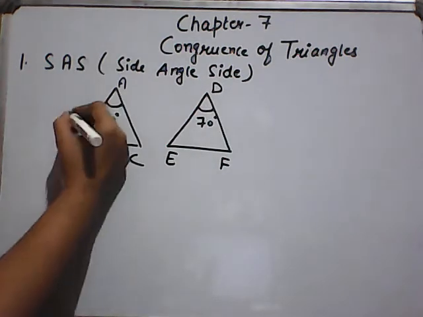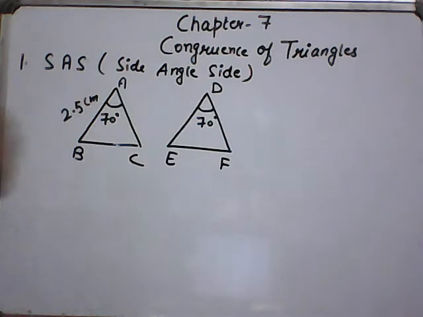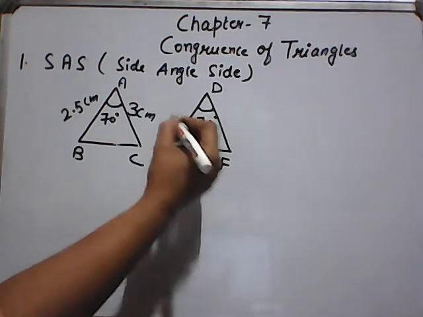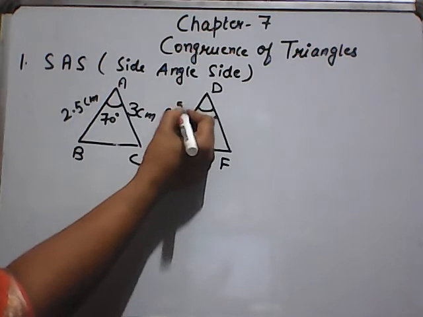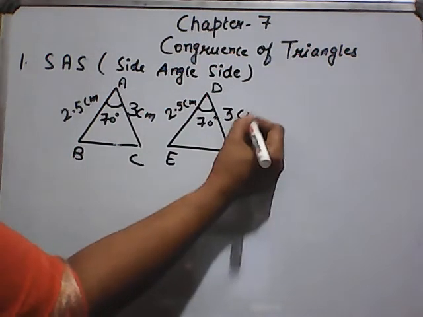Suppose side AB is given to you 2.5 centimeter and side AC is given to you 3 centimeter, and side DE is given to you 2.5 centimeter. Side DF is given to you 3 centimeter.